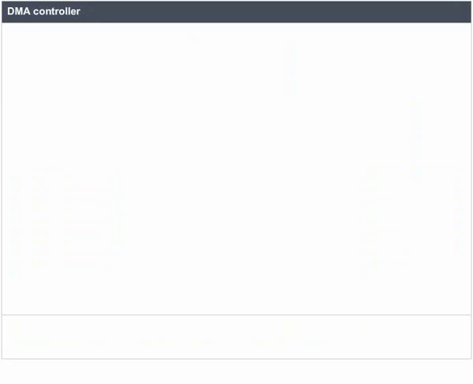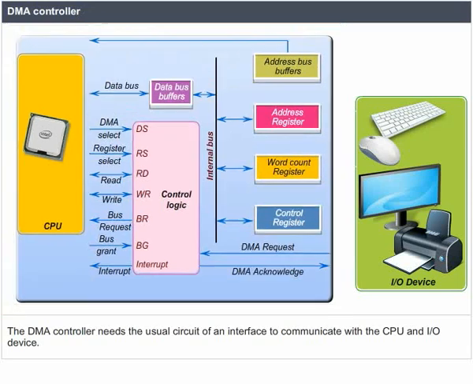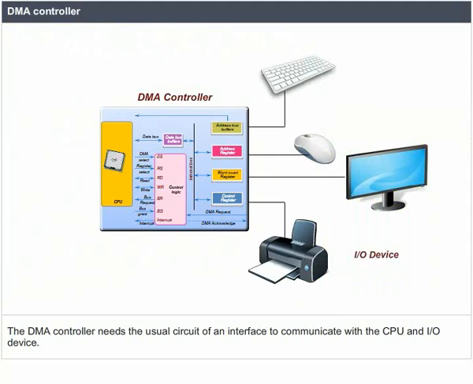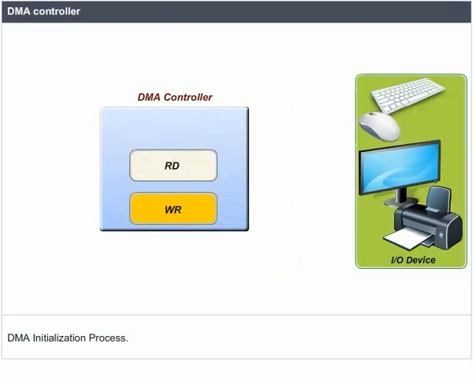DMA controller. The DMA controller needs the usual circuit of an interface to communicate with the CPU and input-output device. In addition, device address register, word count register, control register are available to transfer data directly to the memory. DMA initialization process. Set address register, memory address for read and write.